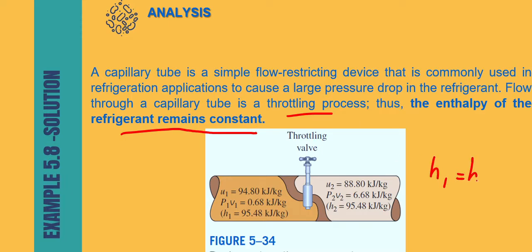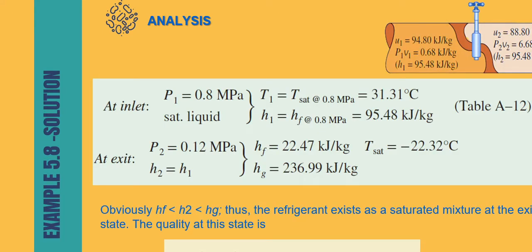So H1 equals H2. So you need to find your H1, and once you know your H1, your H2 is equal to H1. Then only you can find the value of X.